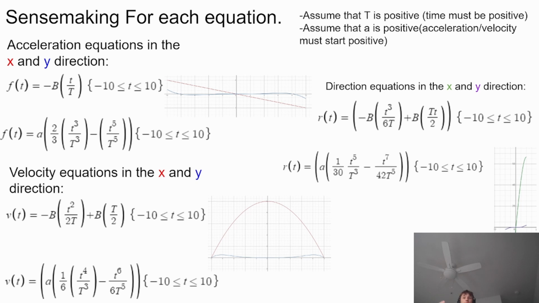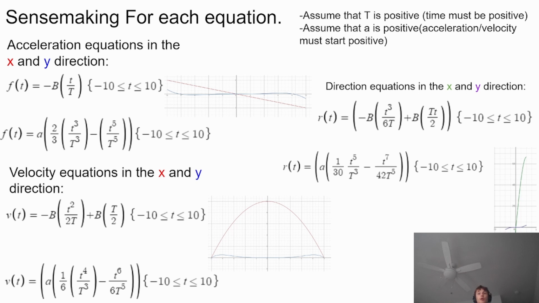We can also look at the position. It's true for the position as well, for the same exact reasons. Increase b, the position is going to get greater. We decrease b, the change in position is going to be less, right? As we increase capital T, we're going to be dividing by a bigger number, so we're going to have a smaller change in position, and the inverse is also true.